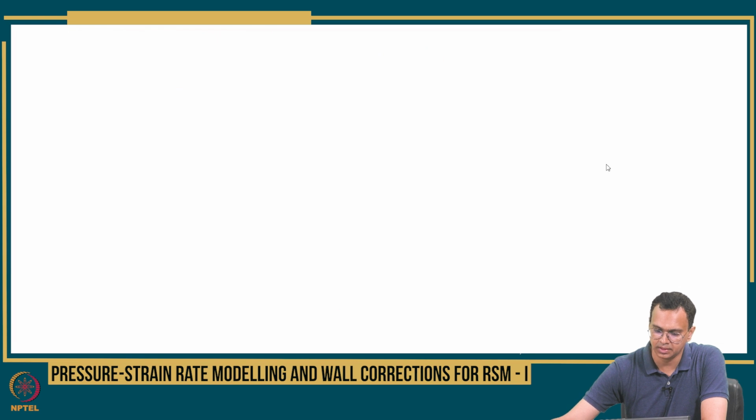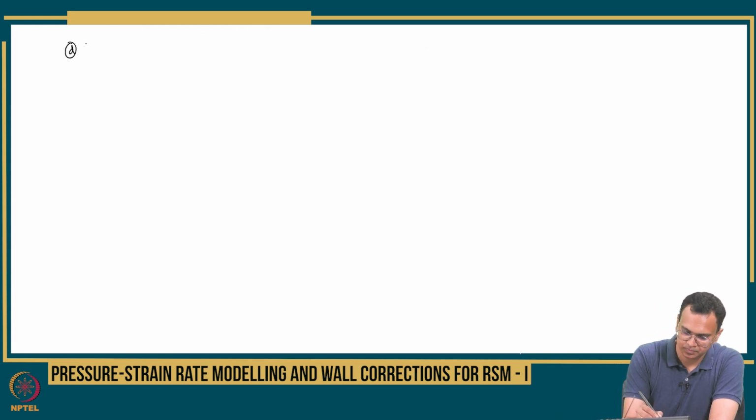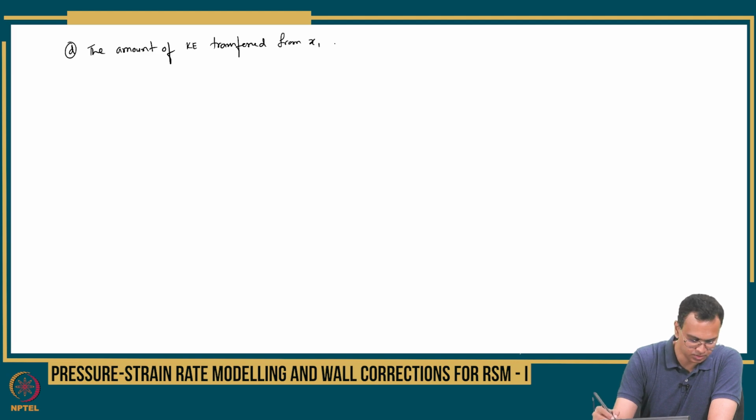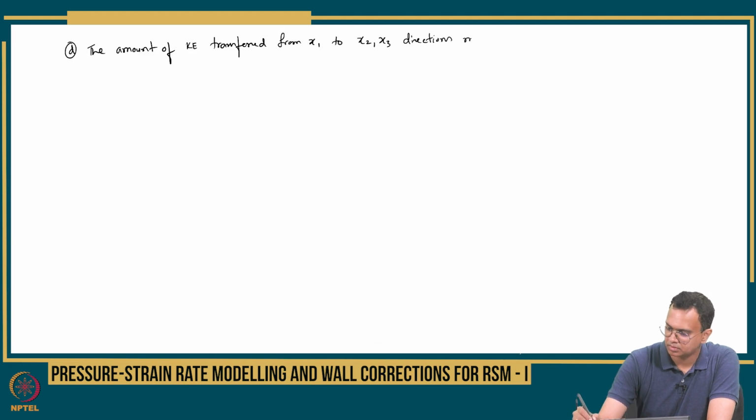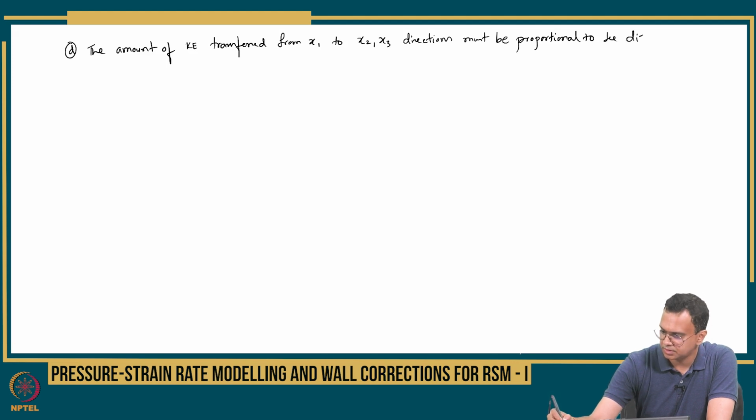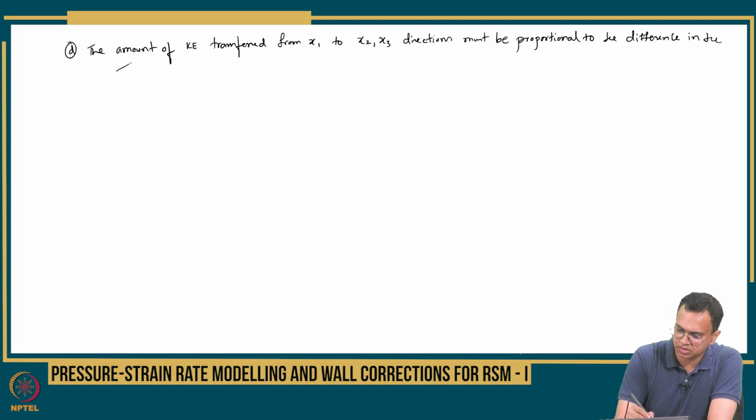So we say now that the amount of kinetic energy transferred from x1 to x2, x3 directions must be proportional to the difference in the TKE components.